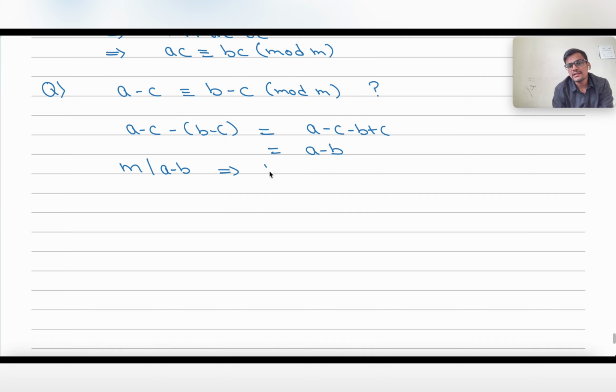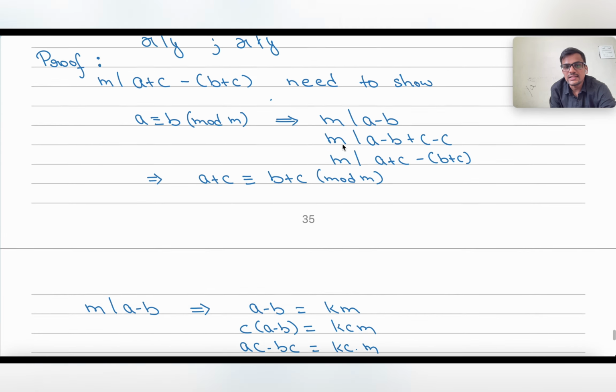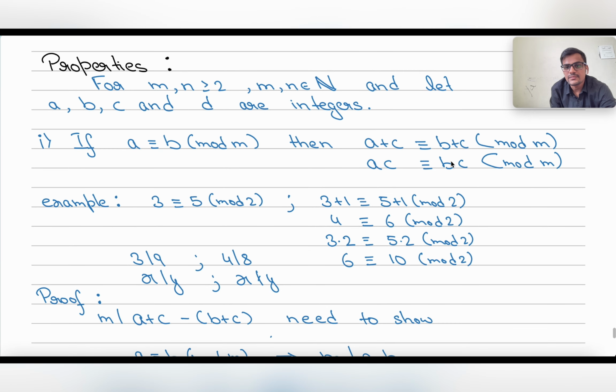And this will imply M will divide A minus B, which is nothing but (A minus C) minus (B minus C), and this will imply that A minus C is congruent to B minus C modulo M. So instead of writing just plus, I can write here plus or minus, right?